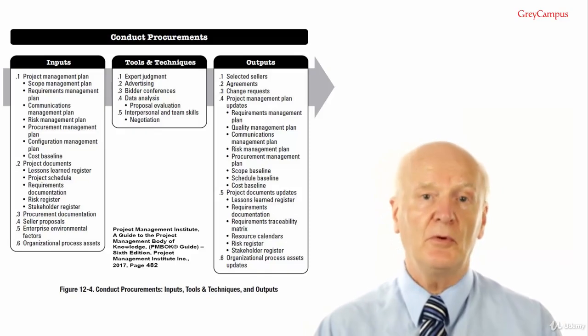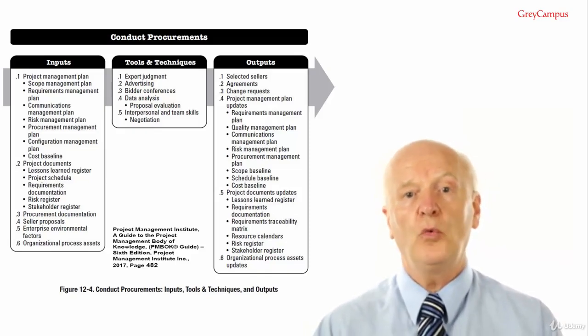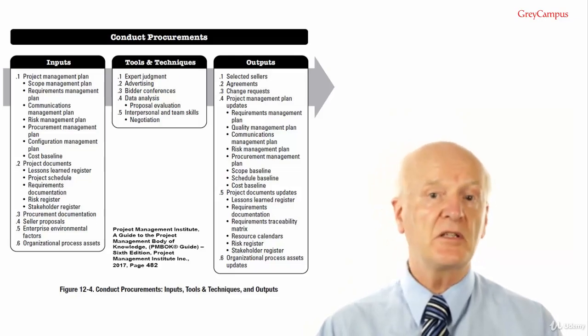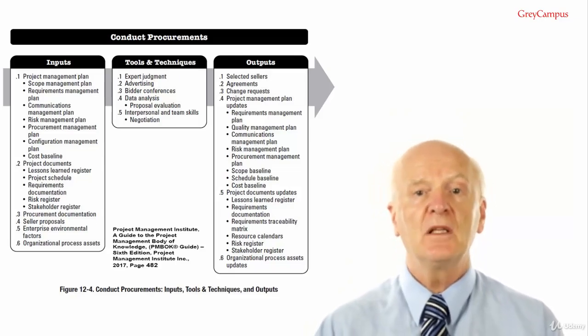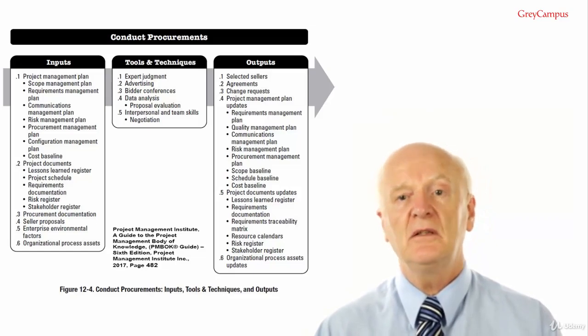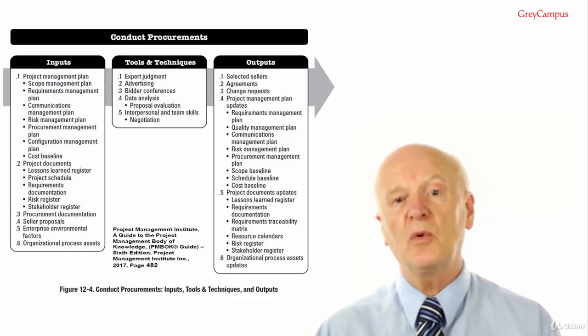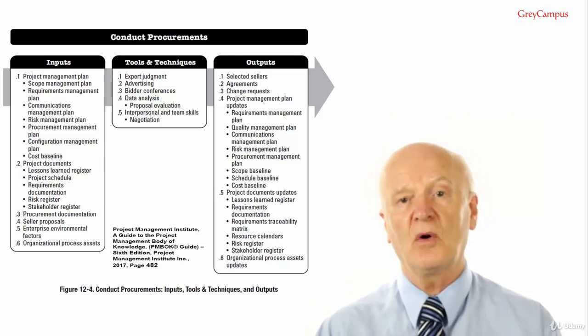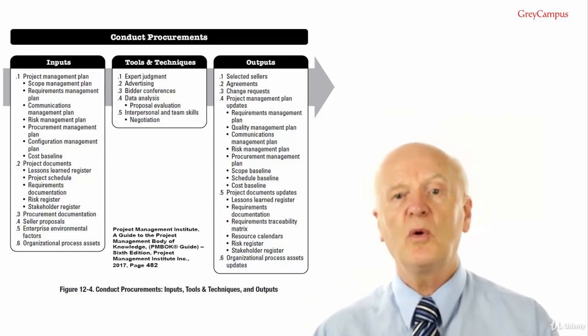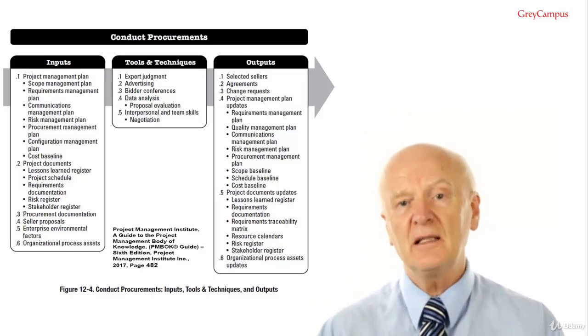Output number 5, project document updates would include lessons learned register as always. The requirements documentation. These may include technical requirements that the seller is required to specify and requirements with contractual and legal obligations.